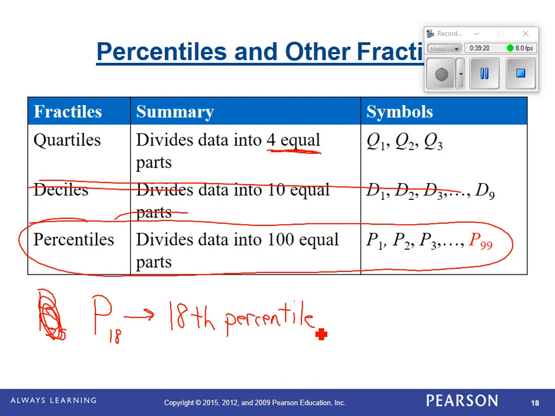If your score is P18 like that, then what that means is that you scored higher than 18% of all others, whoever was doing whatever you're doing. So you scored higher than 18% of them.